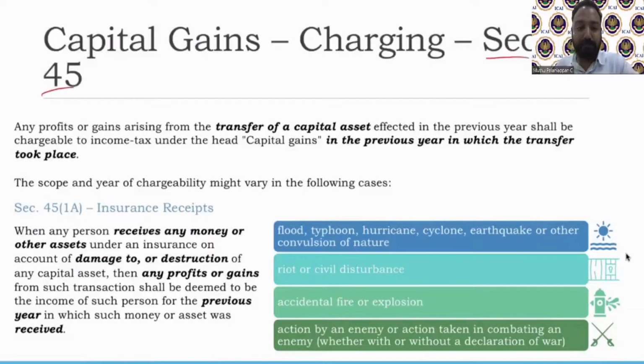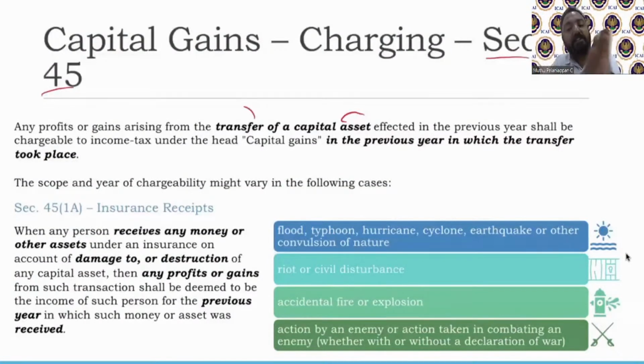What does it say? Any profit or gains arising from the transfer of a capital asset. We have already discussed what a capital asset is, and what a transfer is.